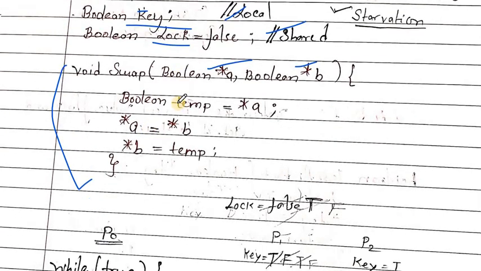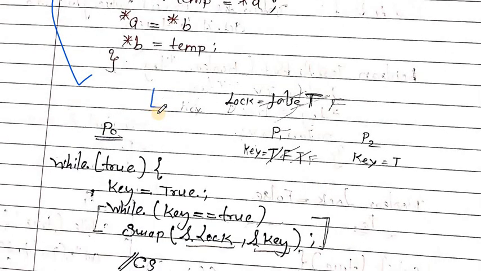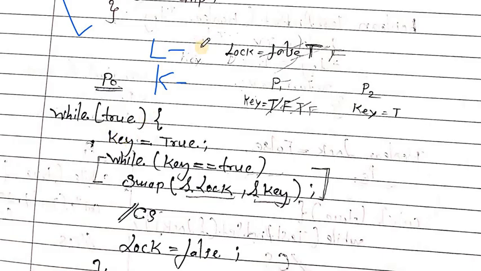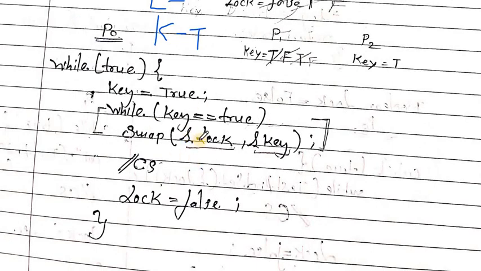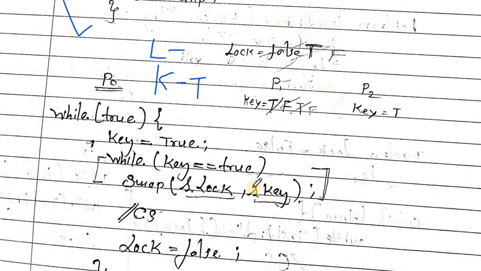Lock is shared. So for process P0, key is equal to true, while key is equal to true, swap lock and key.